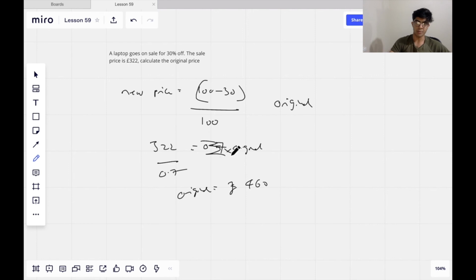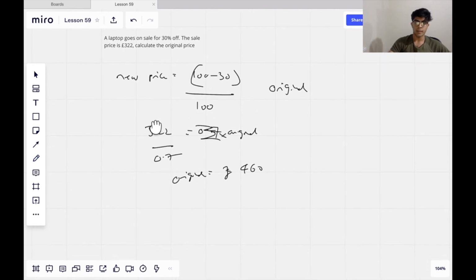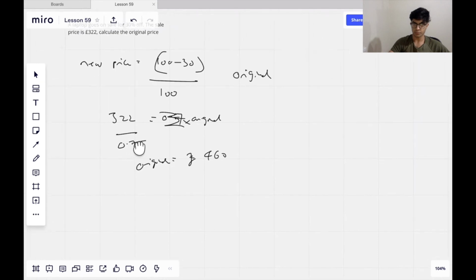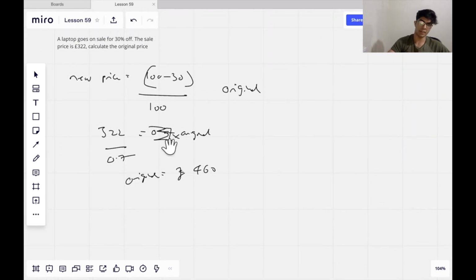Perhaps it might be actually worthwhile to go through this a bit slower. If the laptop is going on sale for 30% off, or actually, let's think of this in reverse.